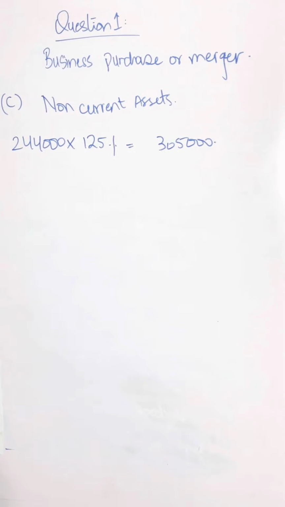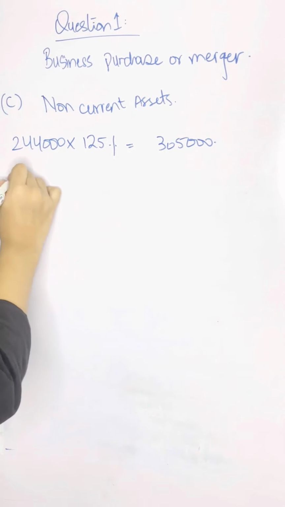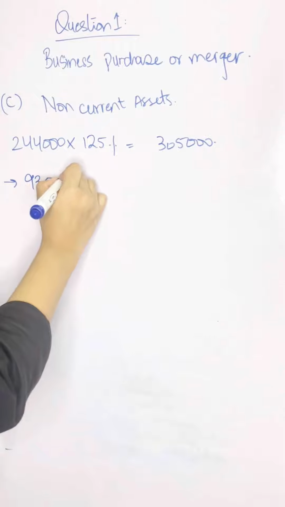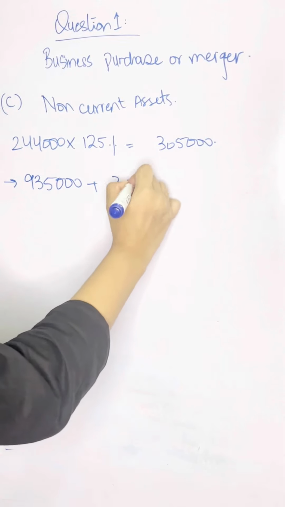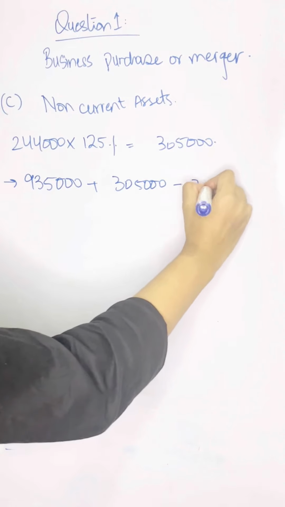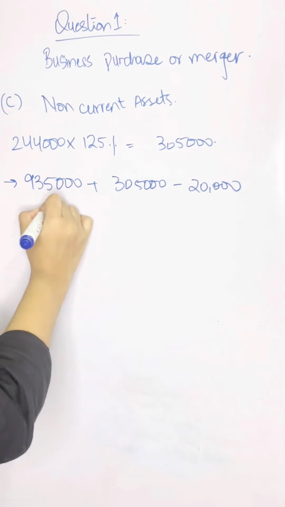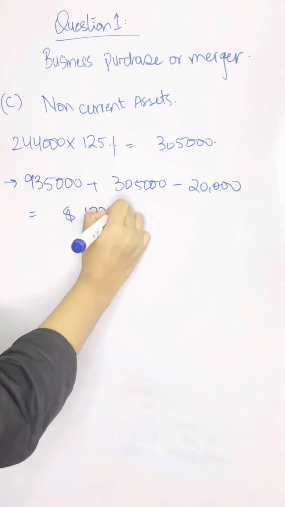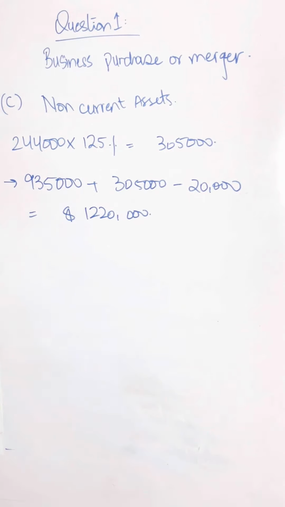The non-current assets of the P Limited business originally was 935,000. You add 305,000 and they took over a motor vehicle which was basically 20,000. So the total value will be 1,220,000. So non-current assets not only include property, plant, equipment, but also the goodwill, which is an intangible asset.